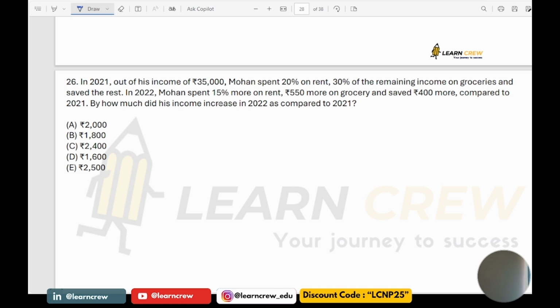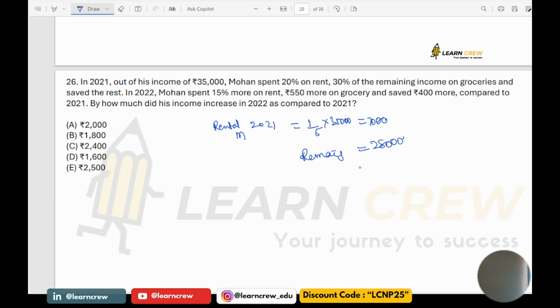So what you can say here, Mohan's rental expense in 2021 is how much? 20%, 1/5 of 35,000, which is 7,000. So the remaining income would be 28,000.